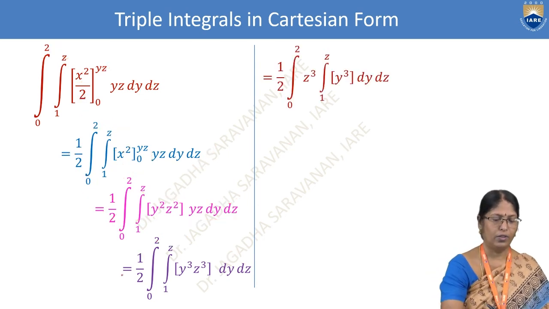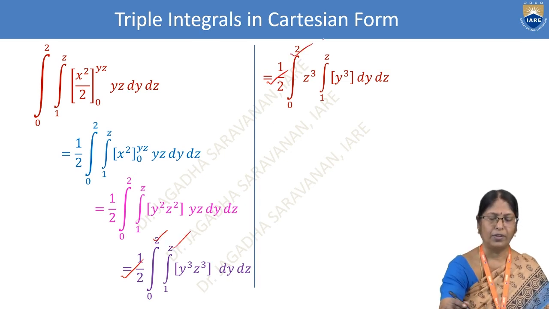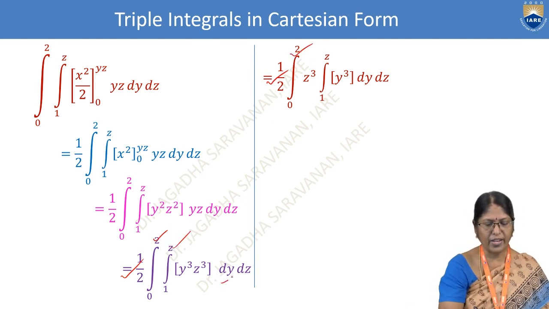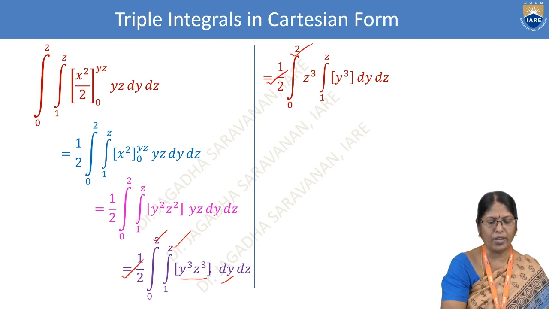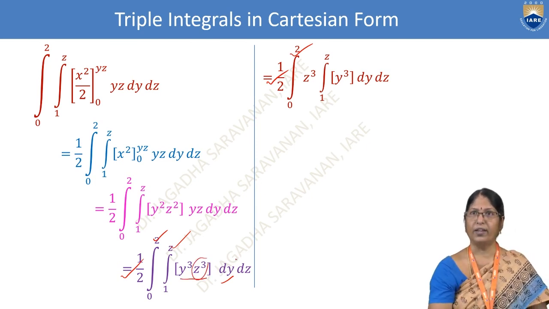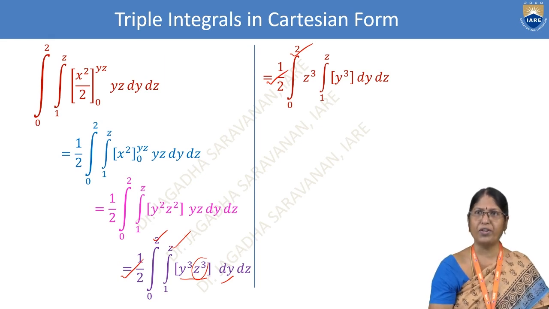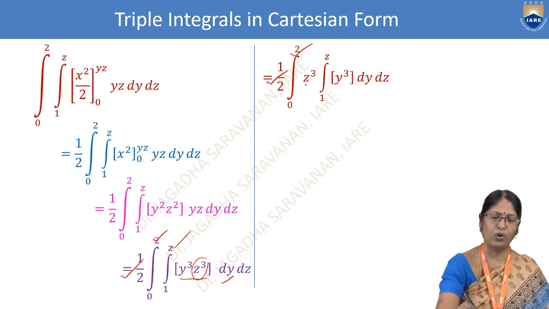Now this 1 by 2 here. Next we are going to do the integration focusing on y, but the term we got, z cube, is also there. Anyway, it is going to be treated as a constant. If it is a constant, better we keep it before the integral.